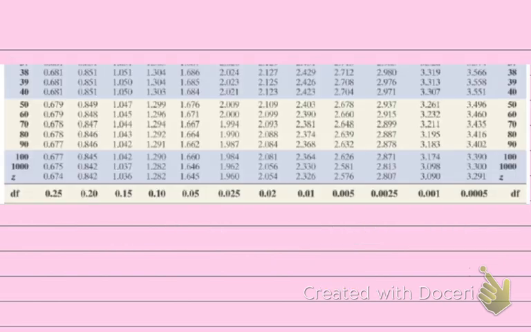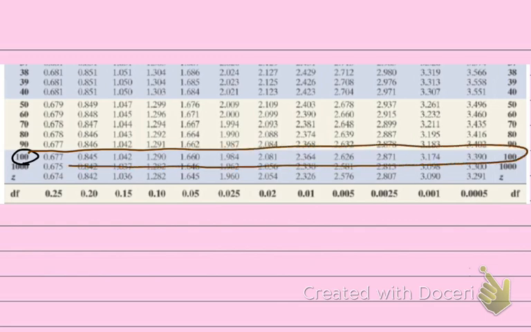So let's take a look at what's on the table. We don't have degrees of freedom of 200, so we're going to go to our next closest one, our 100, and we are looking at these values here.